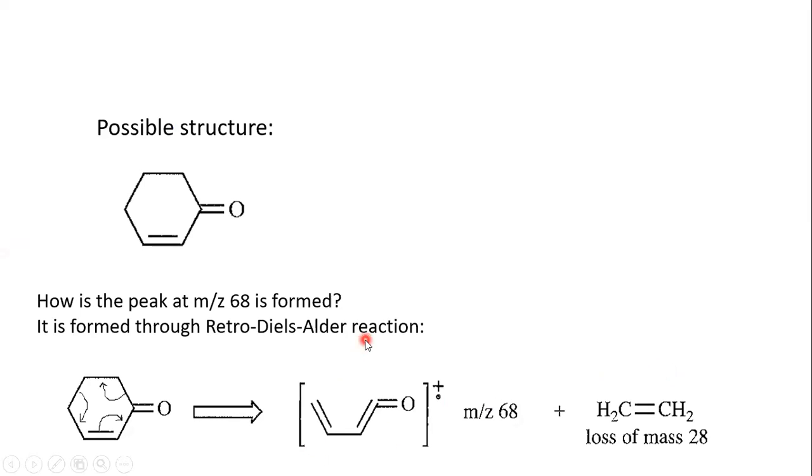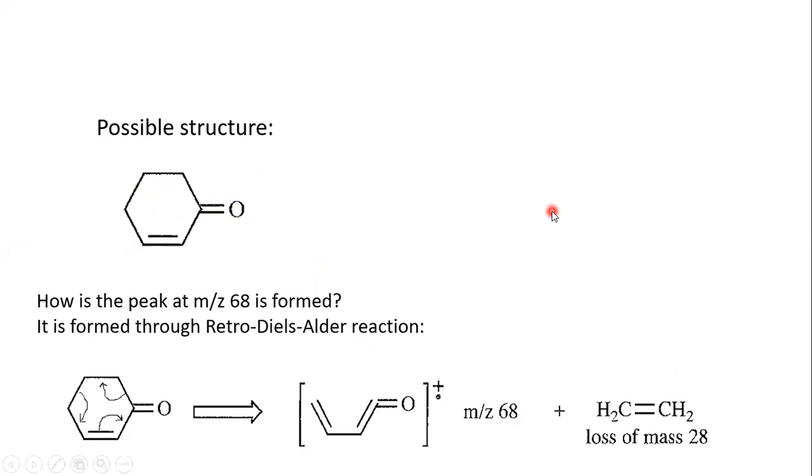This is the structure of this compound. We followed the rule of 13 to elucidate its molecular formula, and then on the basis of the information from the mass spectrum, IR spectrum, C13 spectrum along with the DEPT, and proton NMR spectrum, this is the structural formula of this compound.